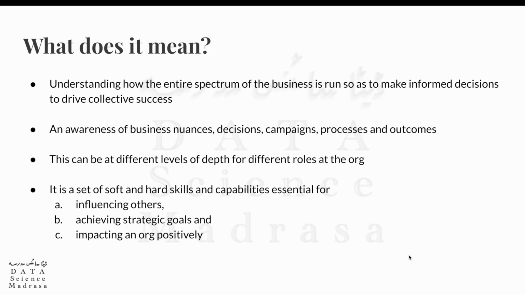It means that as data scientists, we need to understand how the entire spectrum of the business is run, from its admin, payroll, HR functions, to its business operations functions, to its marketing functions, to its sales functions, and then of course the more domain-oriented functions, including supply chain or procurement that is supporting manufacturing or development of some product or service, etc., etc. And if data scientists understand this to some degree, not to the nth degree, then they can really make informed decisions and support and contribute to the collective success of the company or the business or the organization that they're part of.